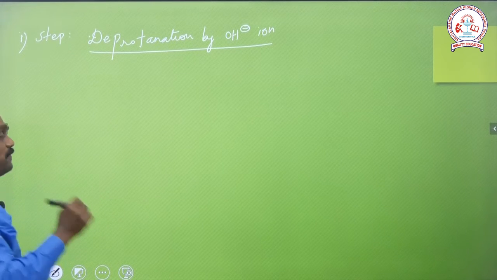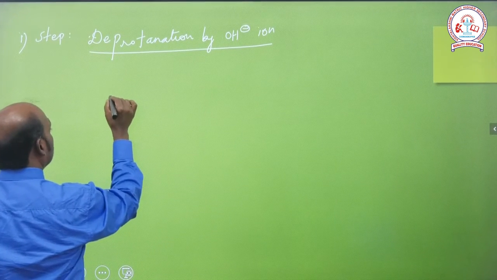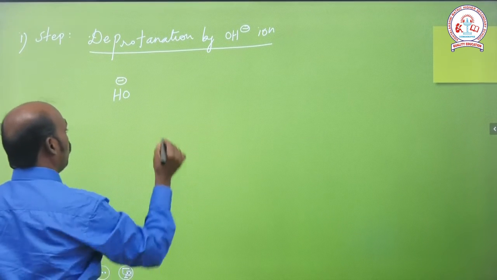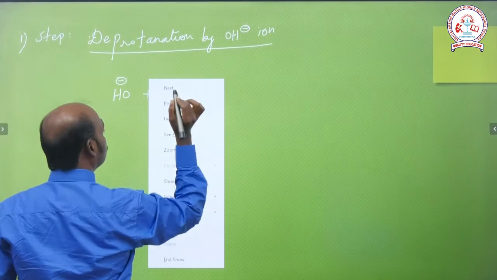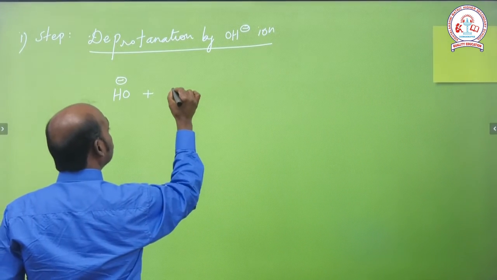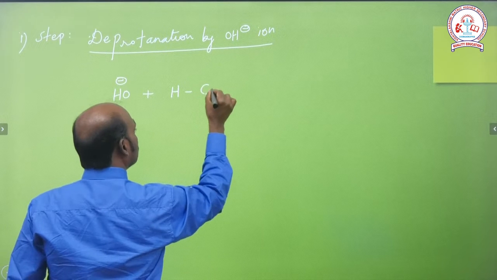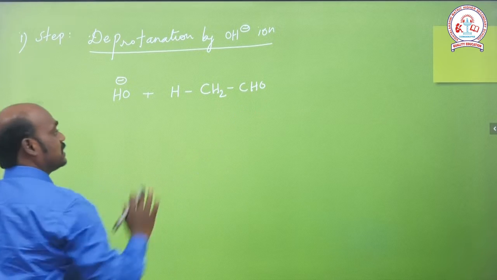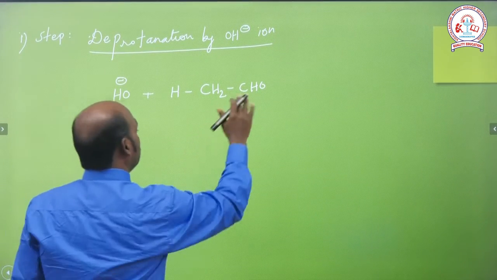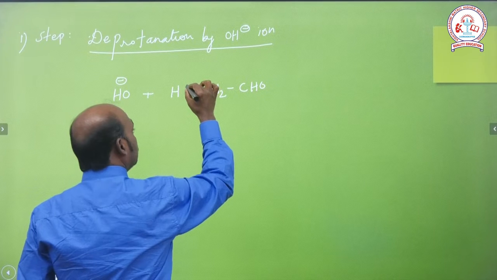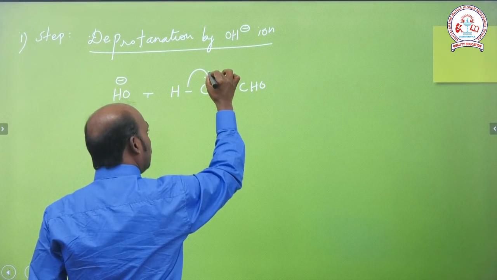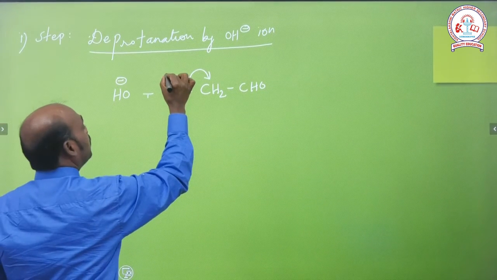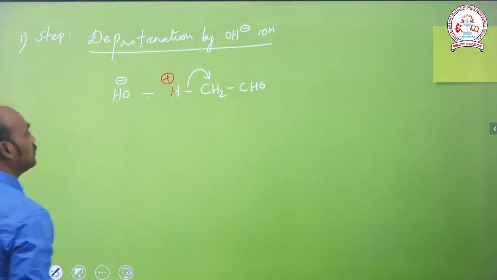Let us take one molecule of acetaldehyde. I can write it like this: OH minus, a nucleophile, plus H-CH2-CHO. I can write acetaldehyde like this, HCH2CHO. Here the bonded electrons are shifted to the methylene carbon. So H becomes H plus. Clear?